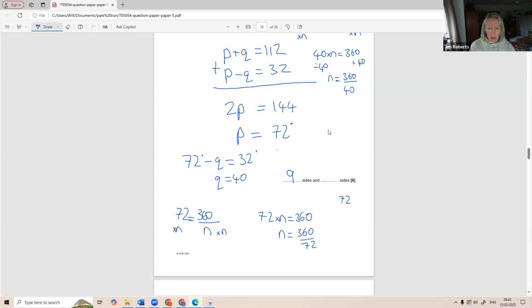So 72, 144, 216. You could do little addition sums if you can't get it in your head. I'm just adding 70 and adding 2, 288. Hopefully we'll get to 360. Hopefully I've done this right. Yeah, 360. 1, 2, 3, 4, 5. And we've got a pentagon.